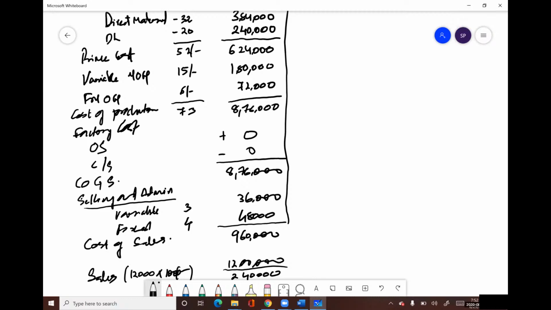So producing it from raw materials to what? There is some atta. Atta is 50 rupees.